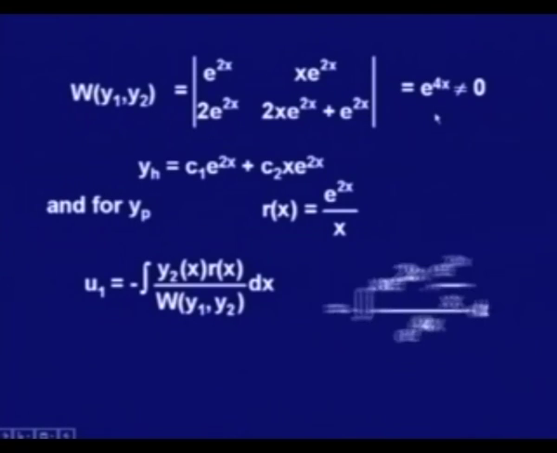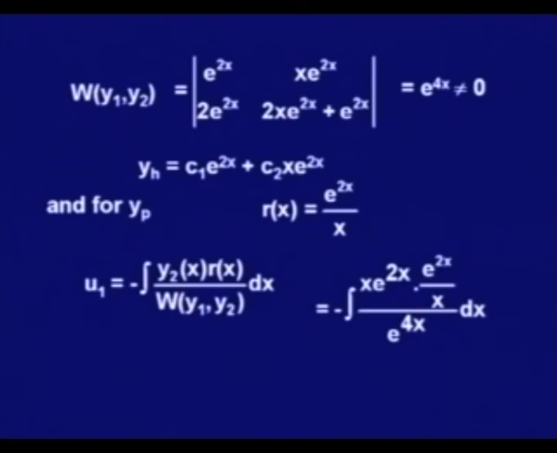Let us substitute x e to the power 2x times e to the power 2x upon x, upon e to the power 4x. We get that x is cancelled out by this, and e to the power 4x is cancelled out with this. I get the integral of dx, that is a constant with respect to x. I would get minus x. So, u1 I have got is minus x.